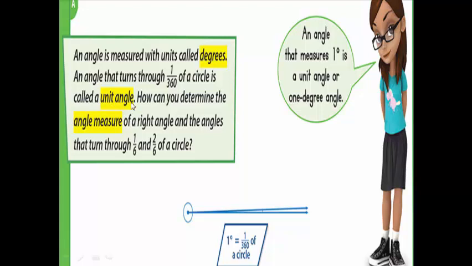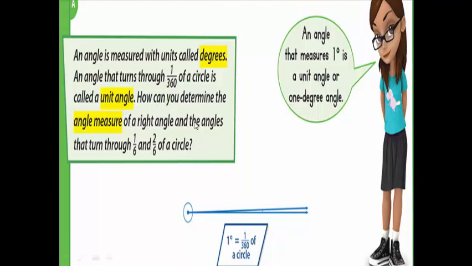A unit angle is an angle like this, but its measurement is 1 degree only, a small angle. Okay. Here, how can you determine the angle measure of a right angle and an angle that turns through 1/6 and 2/6 of a circle? Teacher, I don't understand this. Okay, so easy.